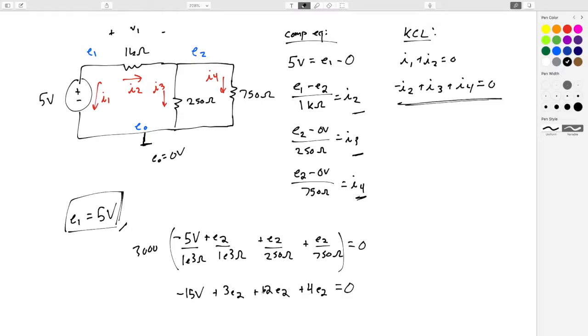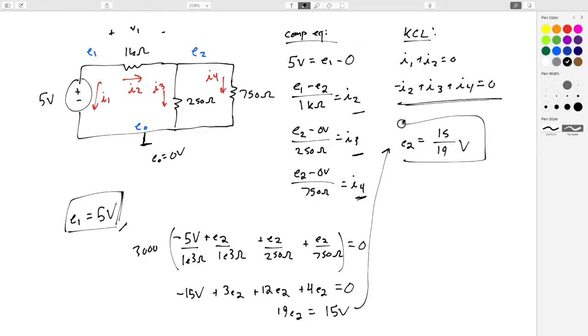Let's lump these all together. That's 19 E2 equals 15 volts. So we can say E2 equals 15 over 19 volts. Nice. Okay, we actually now have E1 and E2. Those are our two node voltages.